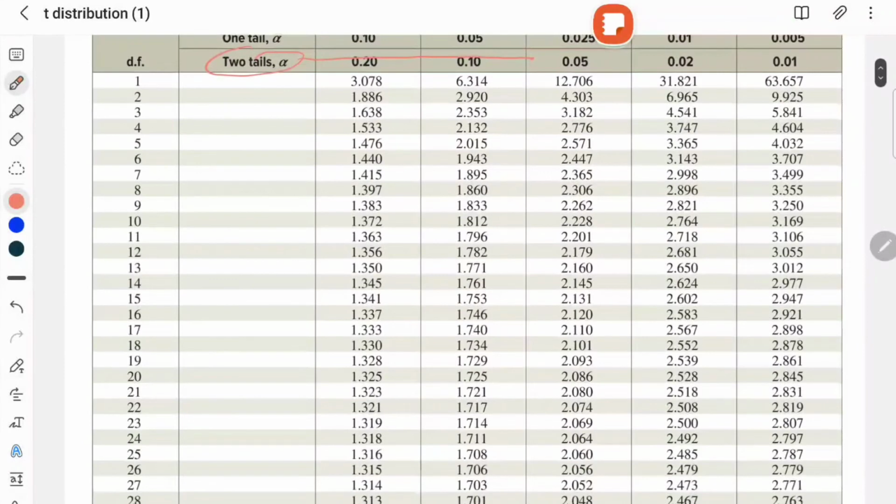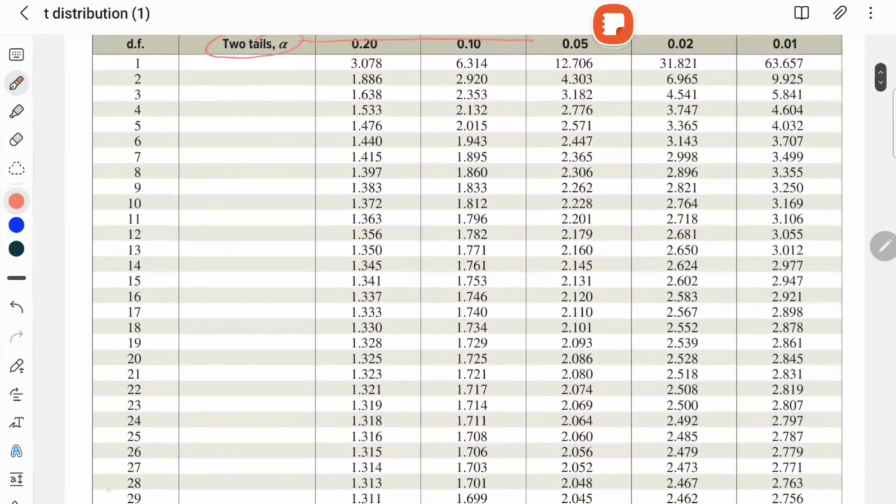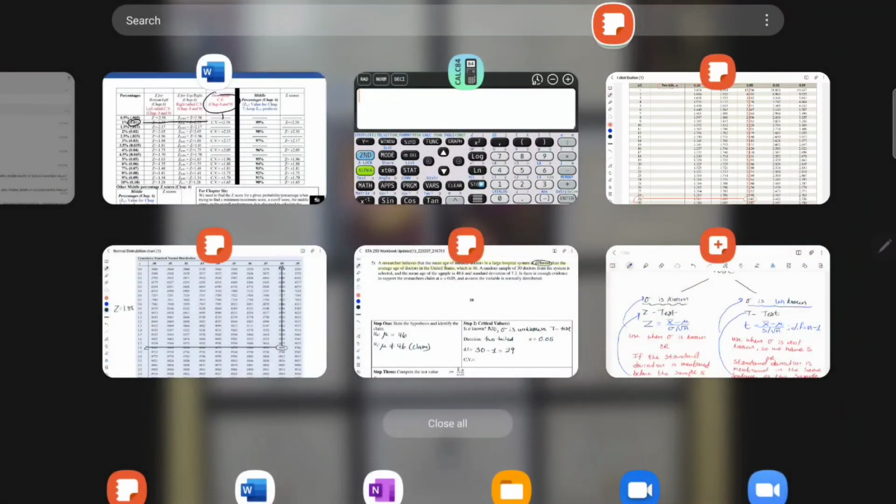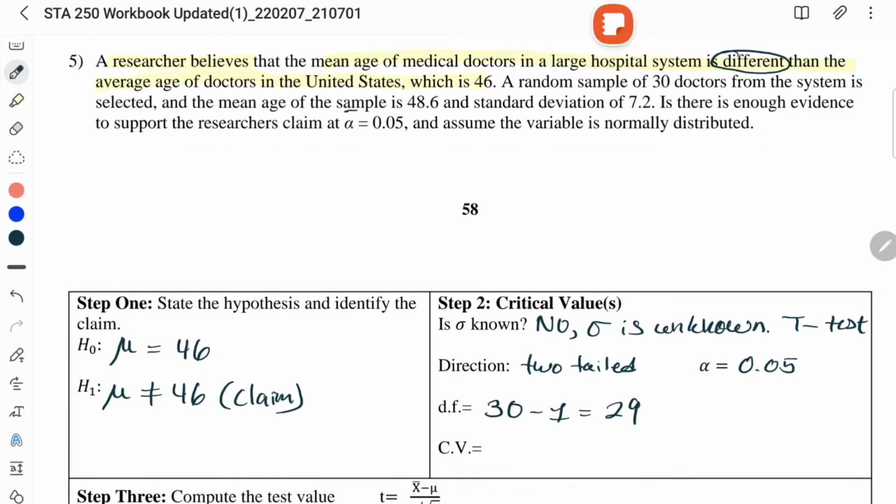Degrees of freedom is 29. And so the critical value that we have here is 2.045. Once again, because it is a two-tailed, we're going to have negative 2.045, positive 2.045.